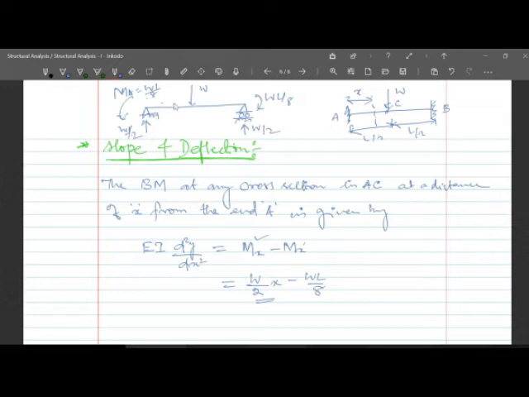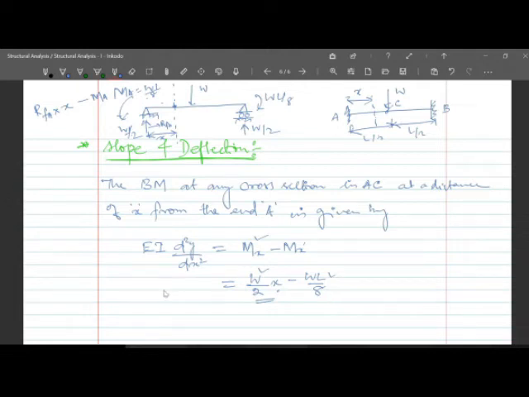Now if I take a section here at a distance of x from the left support, what is the bending moment at this section? Let us say this is RA. It is RA into x minus MA.